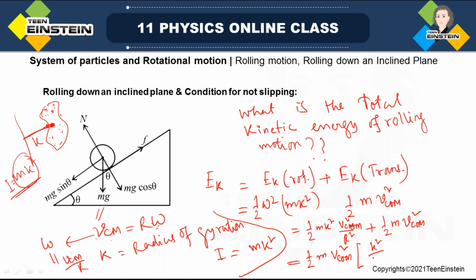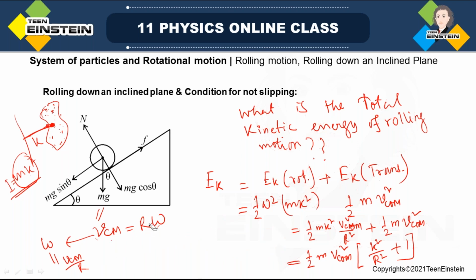You get k square by R square here, and you get 1 here. So this is how we can calculate. If you know the linear velocity of the center of mass, and you know the radius of gyration for a particular object, and the radius is given, then with this you can find out the kinetic energy. And this particular thing we will be able to use in numerical problems.